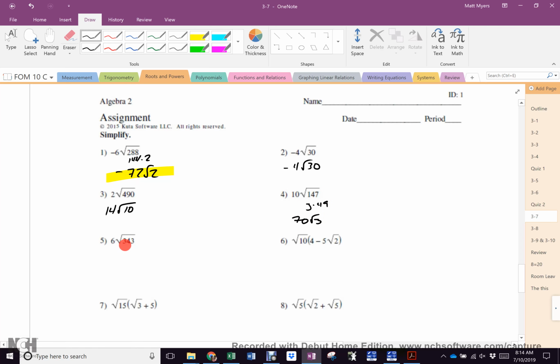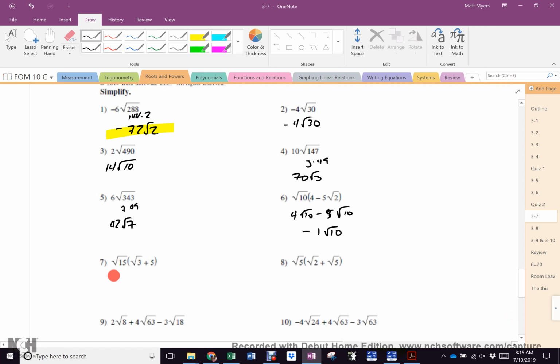Divides by 7. 7 times 49. So that's 42 root 7. That is 4 root 10 minus 5 root 10, which is negative 1 root 10.